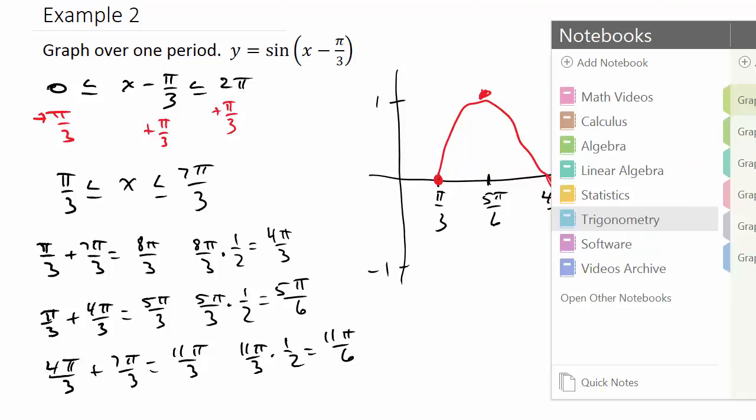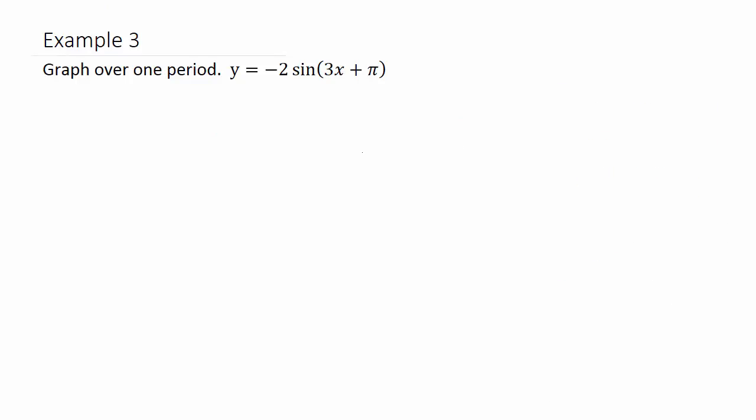Okay. Alright, so we've got 2 more we're going to do. Let's take a look at this one. Here we've got y equals -2 sine of (3x plus pi). So once again, 0 less than or equal to 3x plus pi less than or equal to 2 pi.